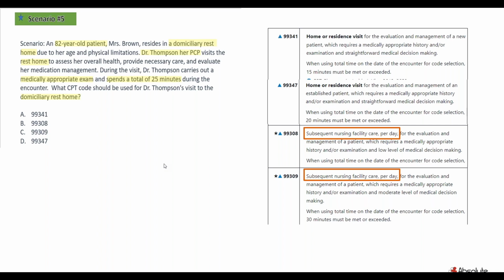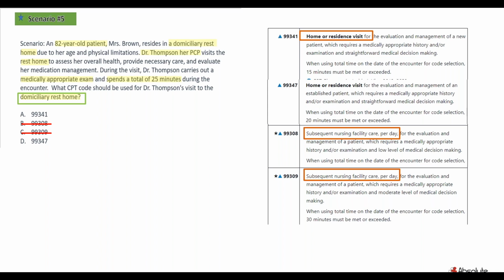No, we are coding for Dr. Thompson's visit to the domiciliary rest home, not to the skilled nursing care, or nursing care services. So options B and C are straight away incorrect.